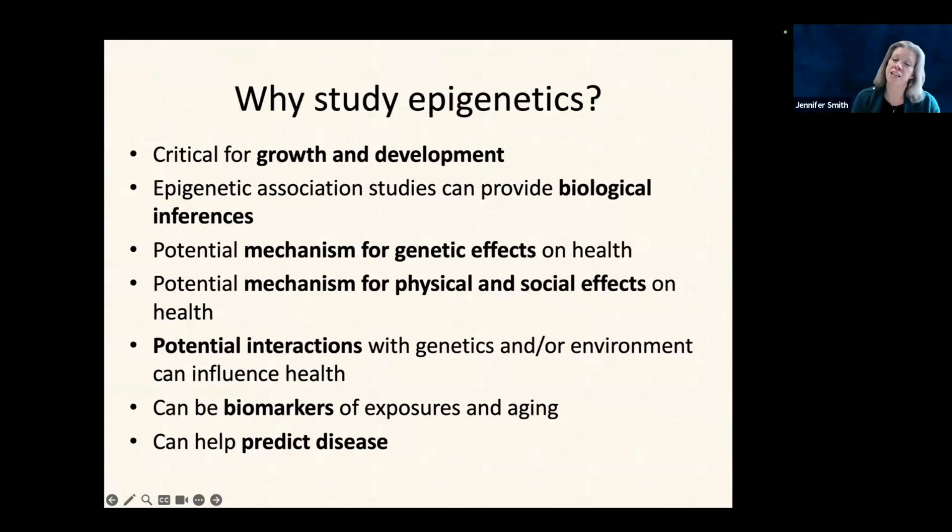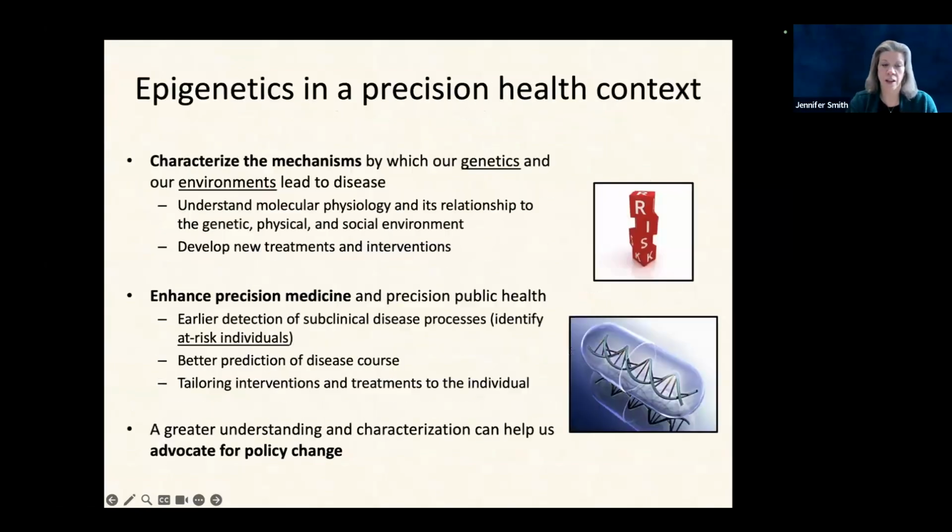We can look at potential interactions with genetics or environment. Epigenetics can be a biomarker of exposures and of aging, and then we can also help predict disease. So in a precision health context specifically, we can characterize these mechanisms by which our genetics and our environment lead to disease, right? We can understand more about molecular physiology and its relationship to genetic, physical, and social environment, and potentially develop new treatments and interventions.